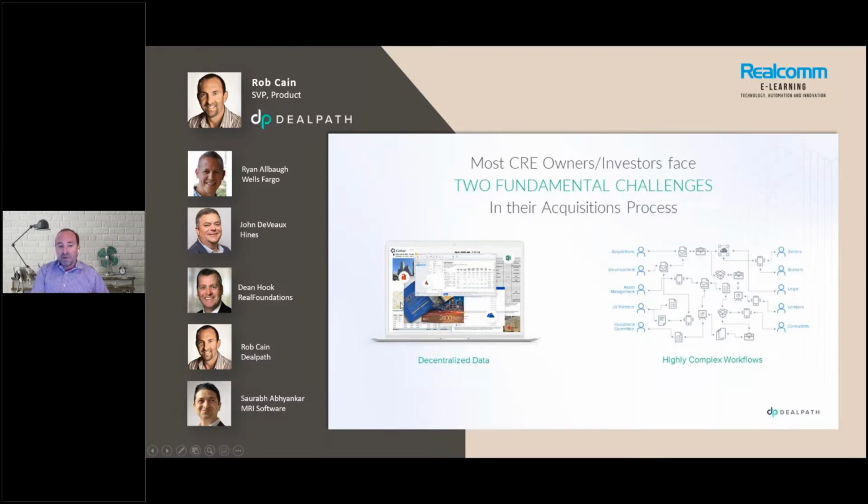And Dealpath built a cloud-based platform that could, number one, deal with this highly decentralized data, hundreds of spreadsheets and emails and lots of disparate systems housing this important information through the offer and due diligence process. Very complicated and laborious reporting process, trying to get information to the investment committee and to senior executives, really just rife with inefficiency.